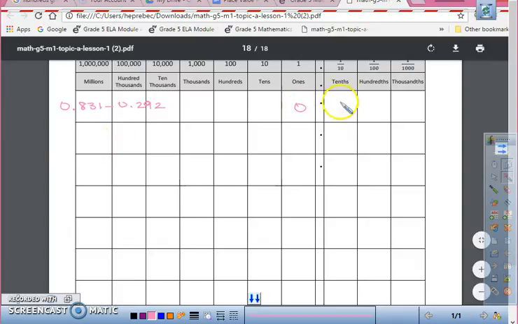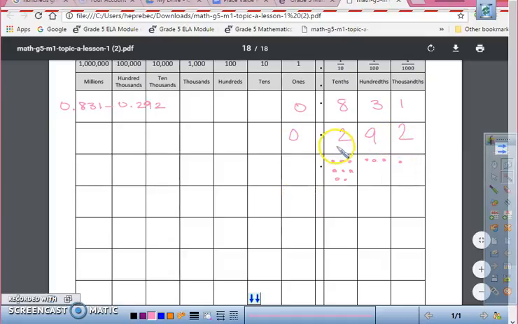So 0.831 minus 0.292. I'm going to put those in discs. So I have 1, 2, 3, 4, 5, 6, 7, 8 discs in the tenths place. I have 3 hundredths in that 831 thousandths, so I'm going to put 3 discs in the hundredths place and 1 disc in the thousandths place.